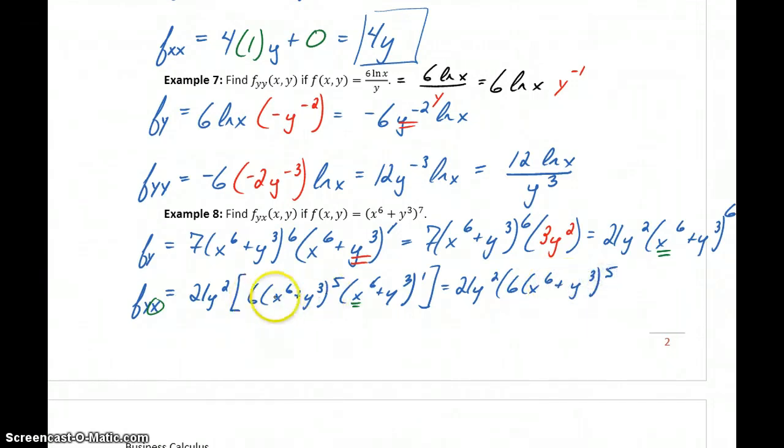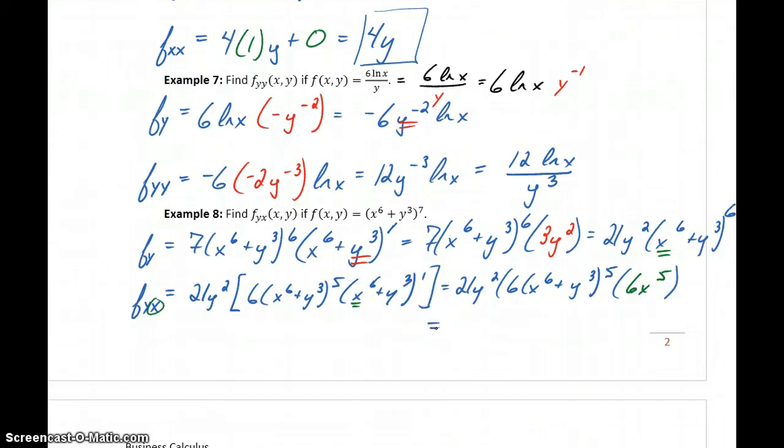So we haven't updated anything here after starting off that chain rule. But then we'll take the derivative of this expression to get 6x to the fifth plus the derivative of y cubed, which would be 0.